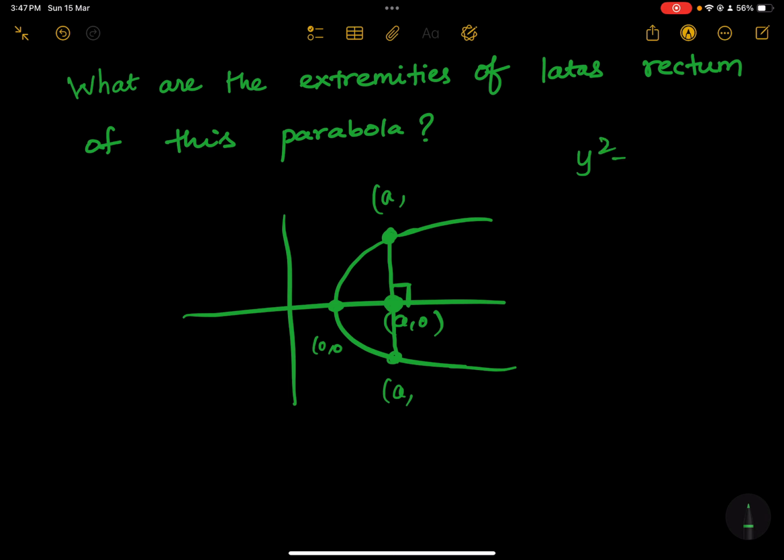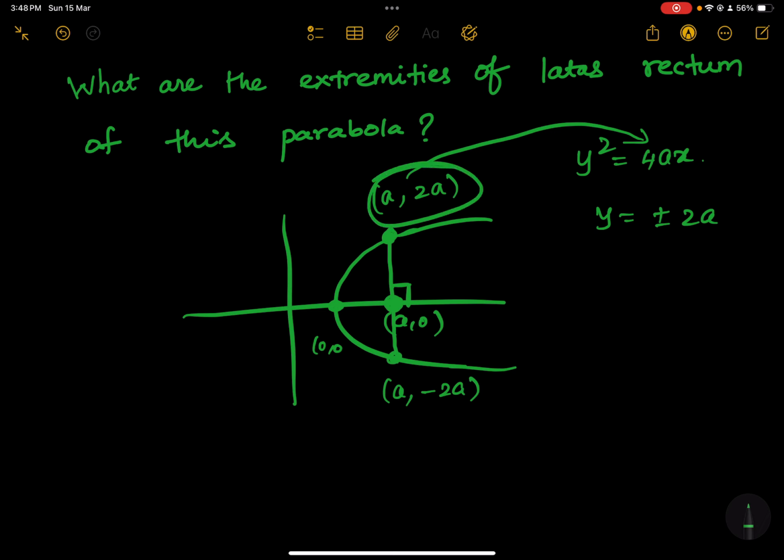And you have the equation y square is equal to 4ax. When you substitute a here, you will get y is equal to plus or minus 2a. So therefore this is 2a, this is minus 2a, and these two are the end points of your latus rectum, or the extremities of your latus rectum.